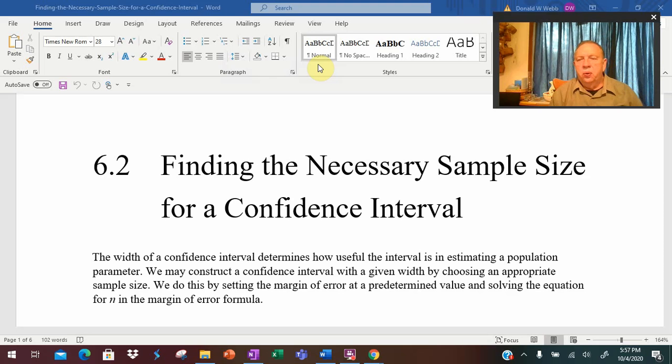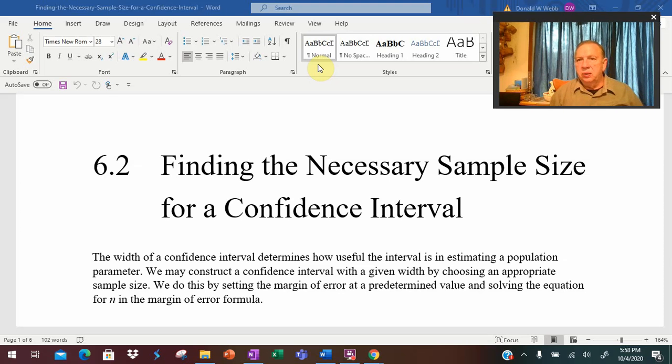Before, we looked at building confidence intervals given some information. One of the things you will be concerned with is that you would like to build a confidence interval to a certain confidence level and margin of error.